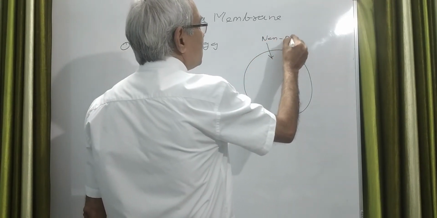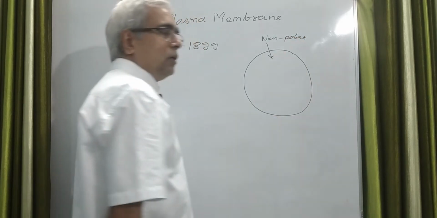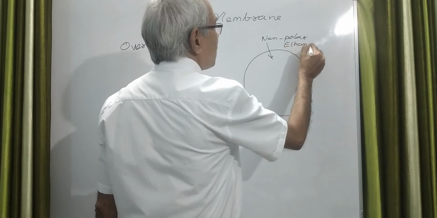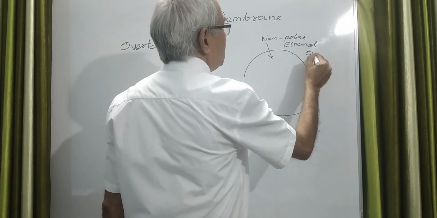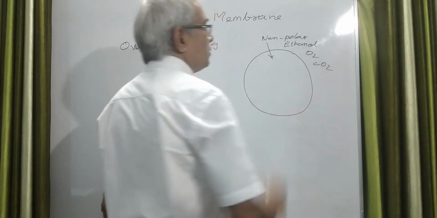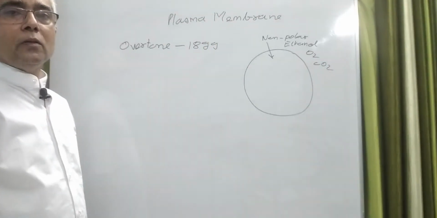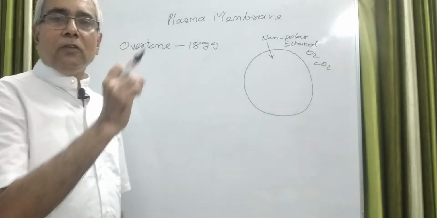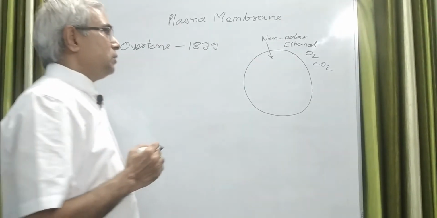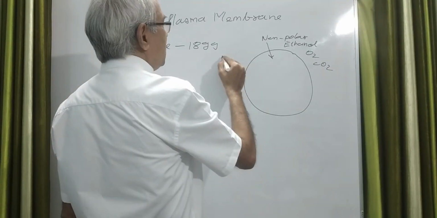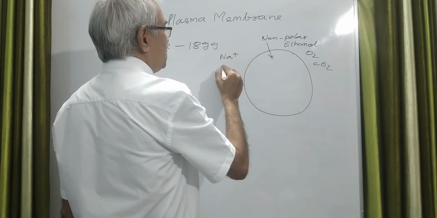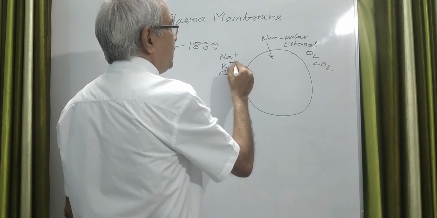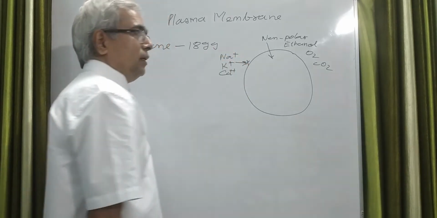Non-polar in nature. For example, ethanol, oxygen, carbon dioxide, benzene, means the substances which are soluble in lipid can easily pass through this membrane, and the substances which are polar in nature like sodium ions, potassium ions, calcium ions, they cannot enter inside the cell.